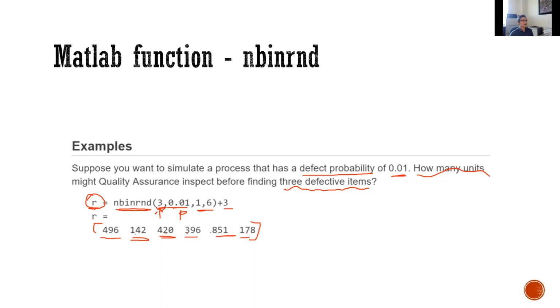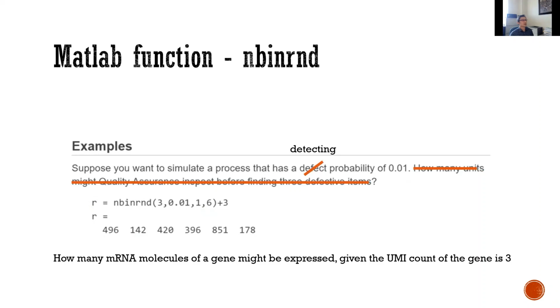So let's replace this example with the scenario where we use a single-cell RNA-seq experiment. I change the defect probability to a detecting probability. Assume we use 10x Genomics technology, and we can detect the expression level of a gene with a 1% detecting power.